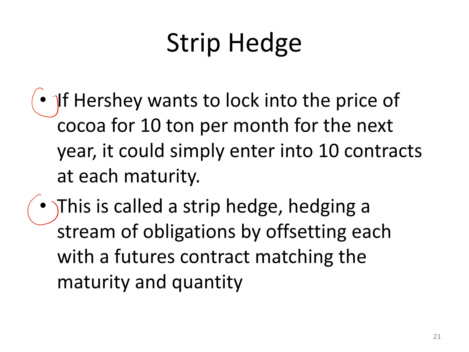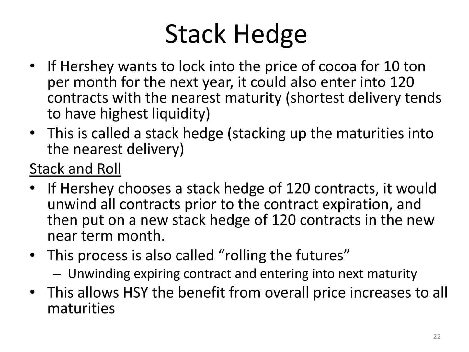All right, this is called a strip hedge, which is hedging a stream of obligations or purchases or sales by offsetting each with a futures contract matching the maturity and quantity. Now this is as opposed to a stack hedge. Now it seems strange at first. If Hershey wants to lock into the price of cocoa for 10 tons per month for the next year, it could enter into 120 contracts.